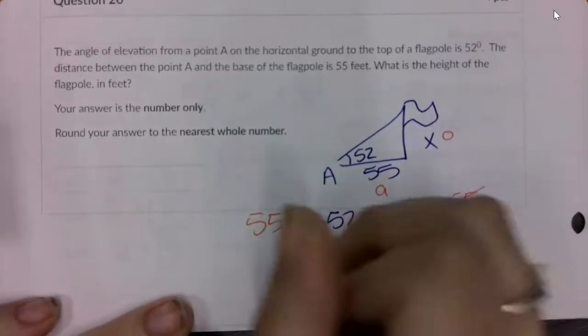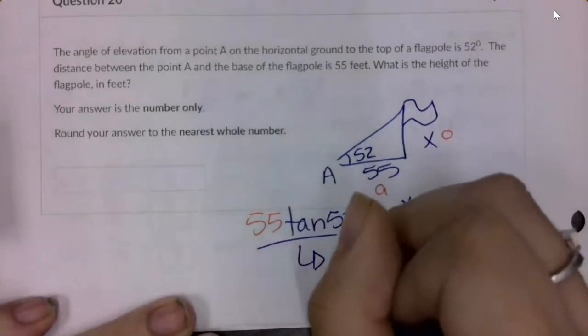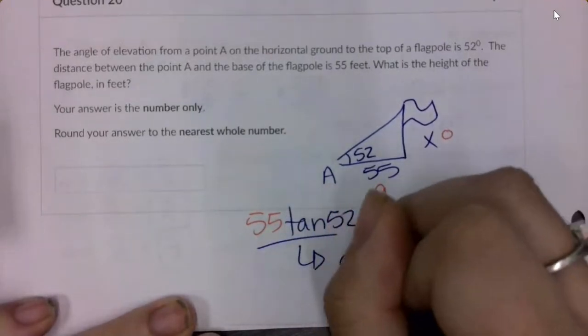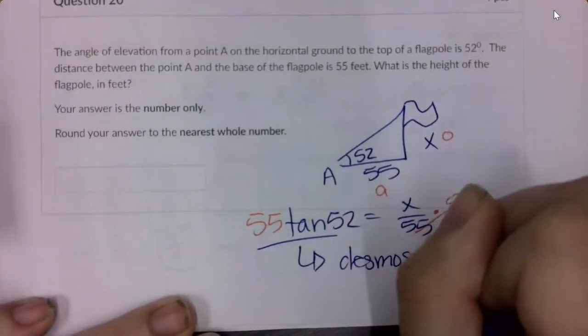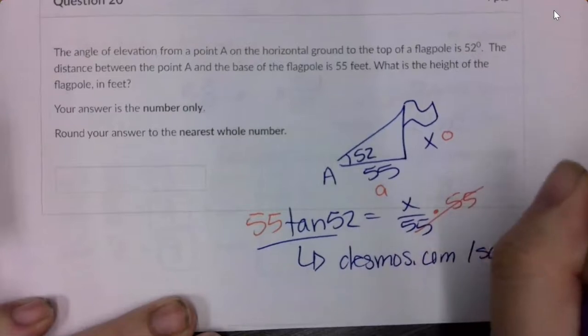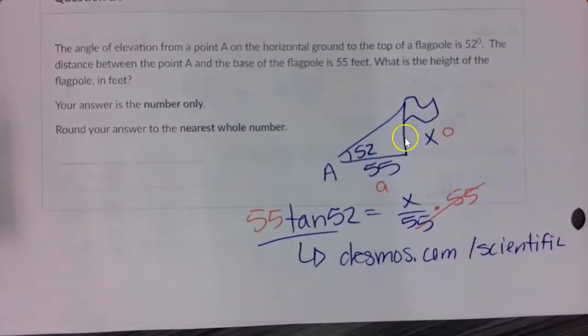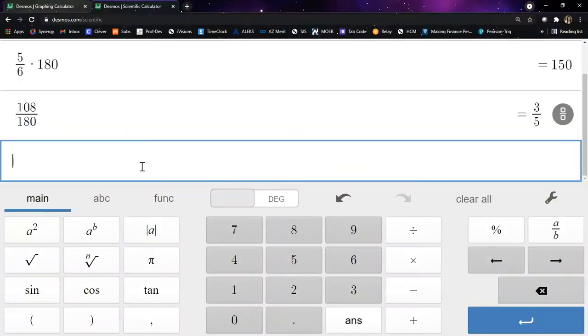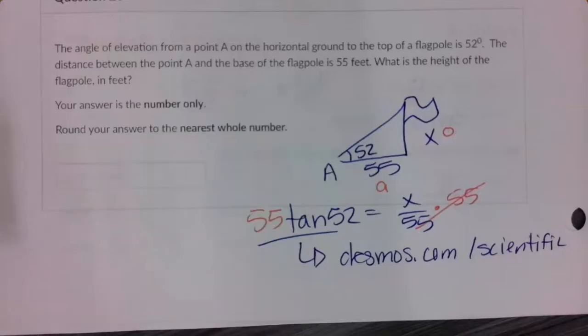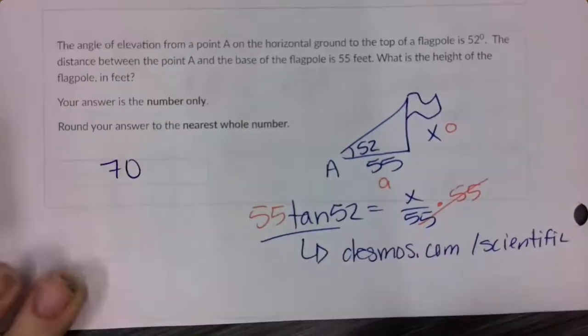And then this again, I'm going to type into Desmos Scientific, which gives me 70.3. It wants me to round to the nearest whole number, so my answer here is just 70.